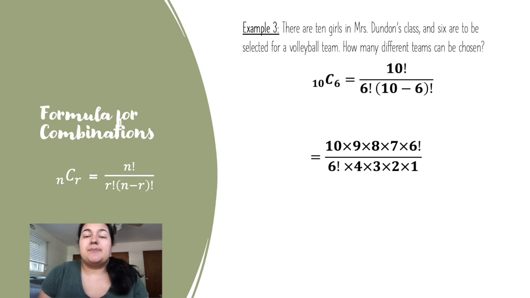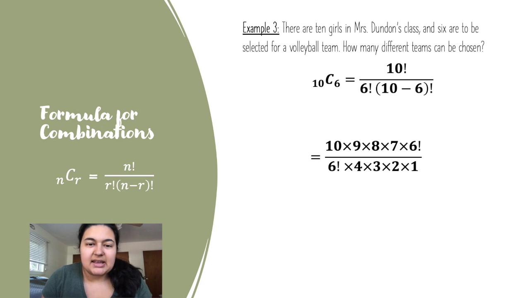Again, I'm going to expand this out, but I don't want to expand it all the way because I want to see if I can cancel something. And I see that I have 6 factorial on the bottom, so I'm going to keep that 6 factorial on top so I can cancel it. When I cancel that, I have 10, 9, 8, and 7 on top, and then 4, 3, 2, 1 on the bottom.